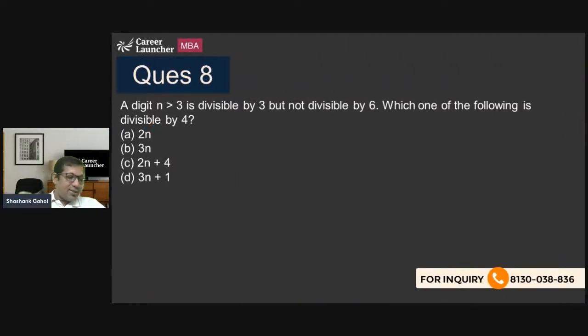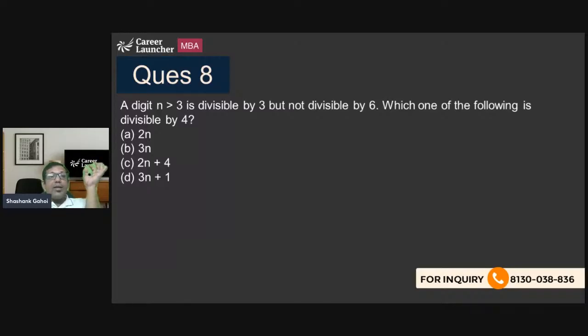Now let's start this one. So basically, what does it say is that a digit n that's greater than 3 is divisible by 3, but not divisible by 6. Which of the following is divisible by 4? Okay. So a digit. The question doesn't say a number.